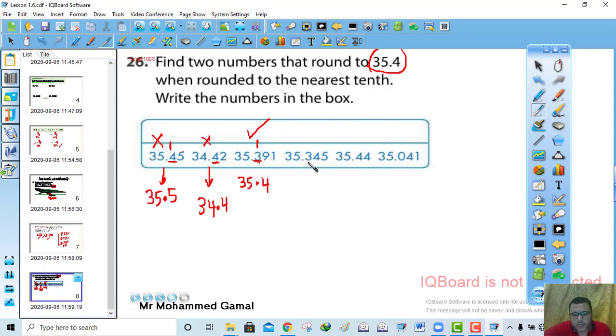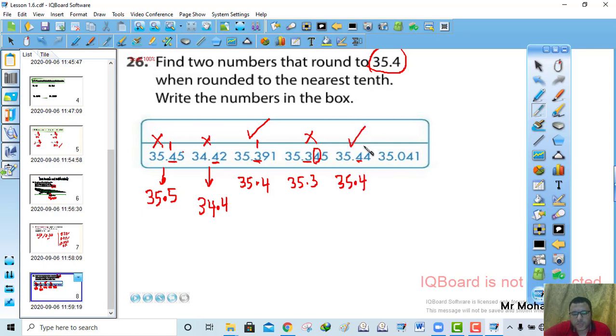The other one here, the tenths place, 4 before it. What about 5? I don't care about 5, I care only about this 4. Since 4 is a weak number, it's going to be 35 and 3 tenths. I need 35 and 4 tenths. So this one is wrong. Now 35 decimal point 44. Here we have the tenths, and since the 4 is weak, it's going to be 35 and 4 tenths.